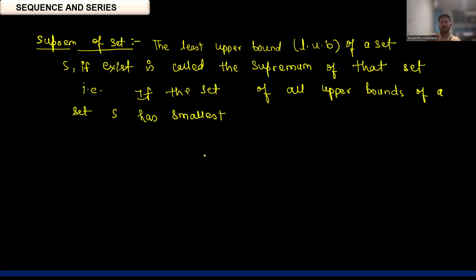Okay. So here, the supremum of a set: the least upper bound of a set S, if it exists, is called the supremum of that set.